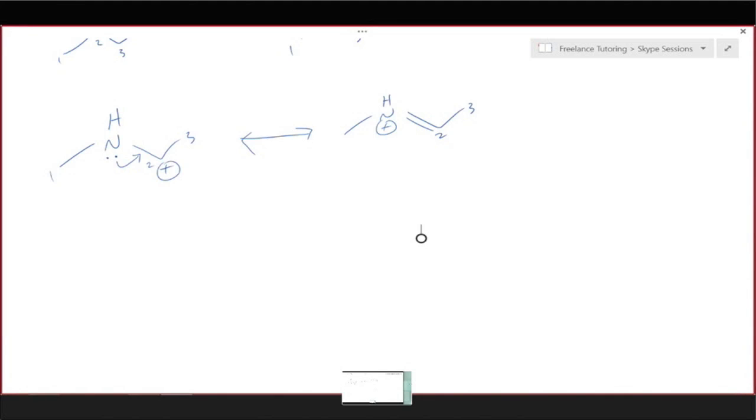So I'm not sure actually. Nitrogen on the left would seem more nucleophilic, but on the right would not appear nucleophilic at all. Okay, not quite sure. So let's try to clarify that.